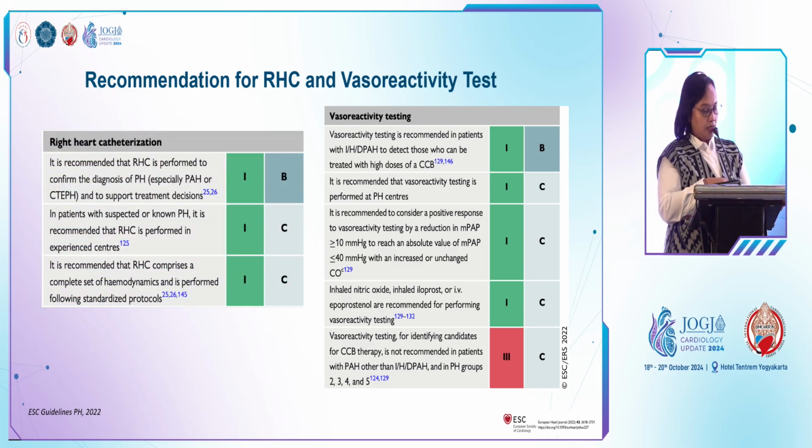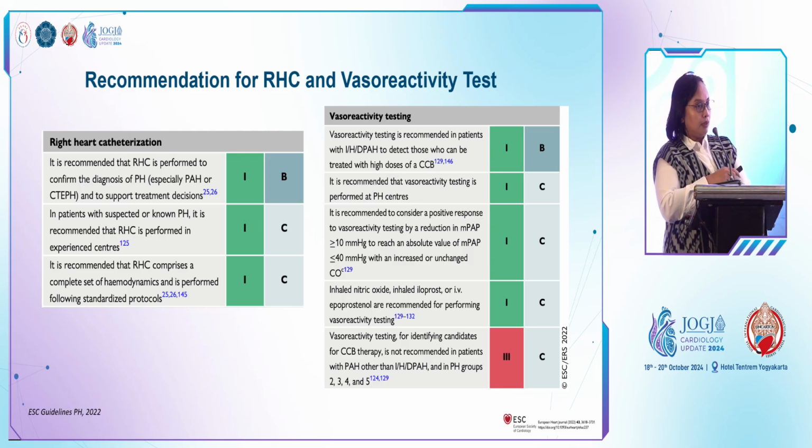So this is the recommendation for right heart cath. For a patient with high probability, it is a class 1 recommendation that the patient should be diagnosed with the gold standard, right heart cath. In patients without any intracardiac shunt, or patients with idiopathic, hereditary, or drug-related pulmonary hypertension, vasoreactivity testing is required to see whether the patient is suitable for long-term calcium channel blocker therapy.